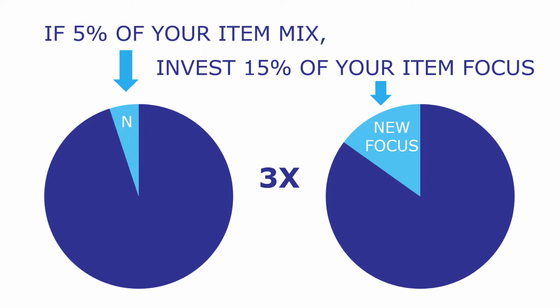So I'm going to use the 3X or even 4X strategy that says if 5% of my items are new, I'm going to make it 15% of my time, 15% of my focus, if not more. I like the people that say, no, it's a 4X for me. This has to be the commitment from everybody. To be good at new items, it's going to take a lot of special attention.